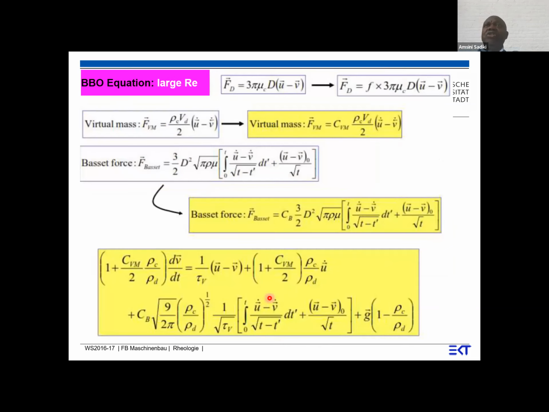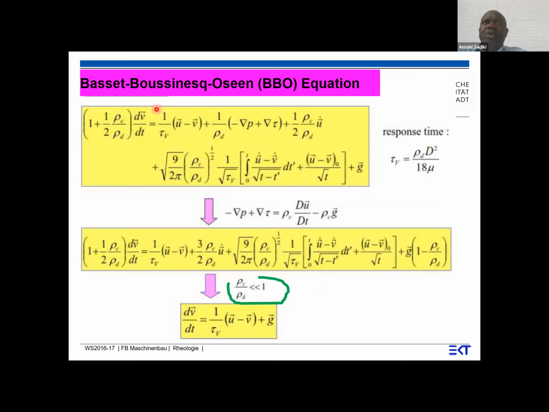But for large Reynolds number, where we say that the Reynolds number is not very huge, we see this also here, where we derived this expression. We said that we are in the Stokes flow region, and that the product of the drag coefficient divided by 24 and multiplied by the particle Reynolds number is almost equal to 1.